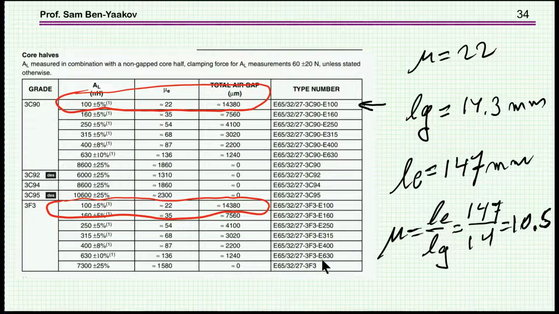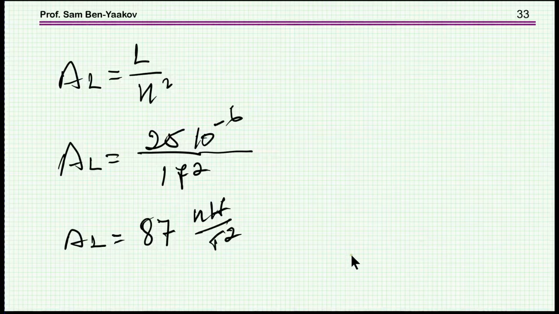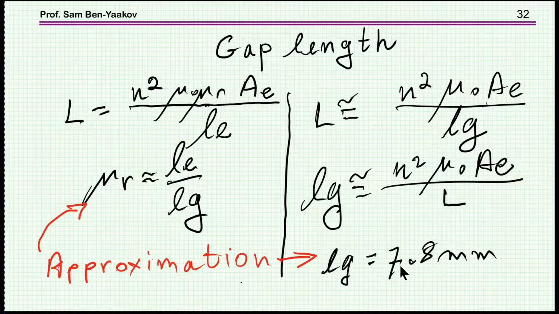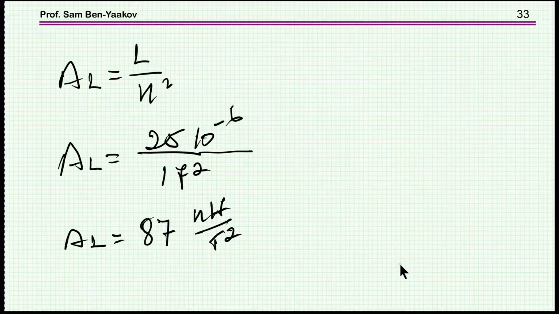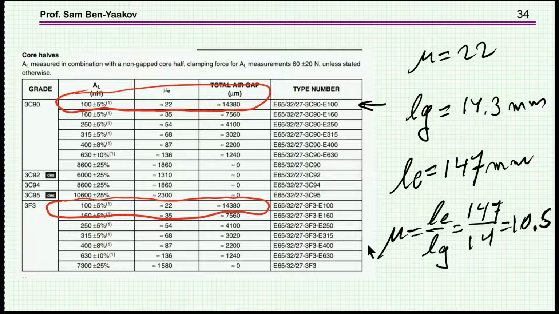So this again shows that this equation is approximate, and these values are actually based on actual measurements, taking into account the fringing effect and the non-symmetry of the core. Turns out that this estimate that I've done before is really very approximate, just to give you an order of magnitude, you might say, and then you really have to adjust it.